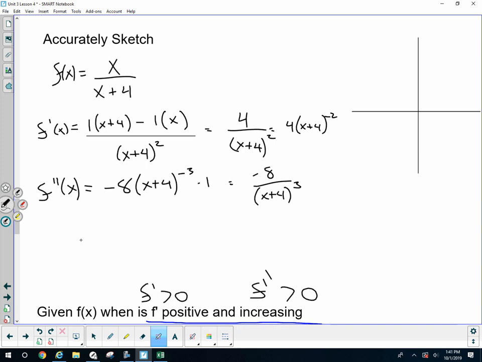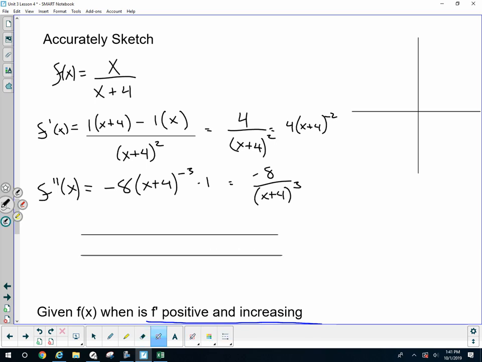Now, for both of the sign analyses of f prime and f double prime, we don't have zeros, but we do have situations where we have undefined at x equals negative 4.